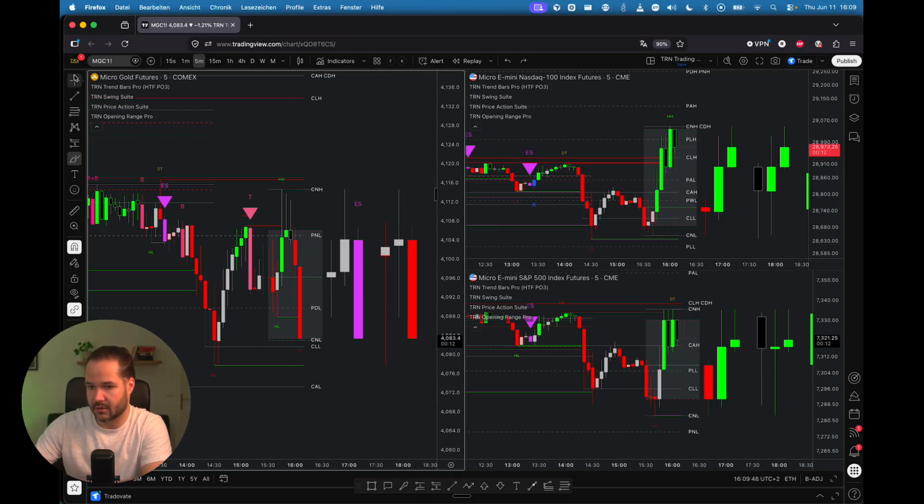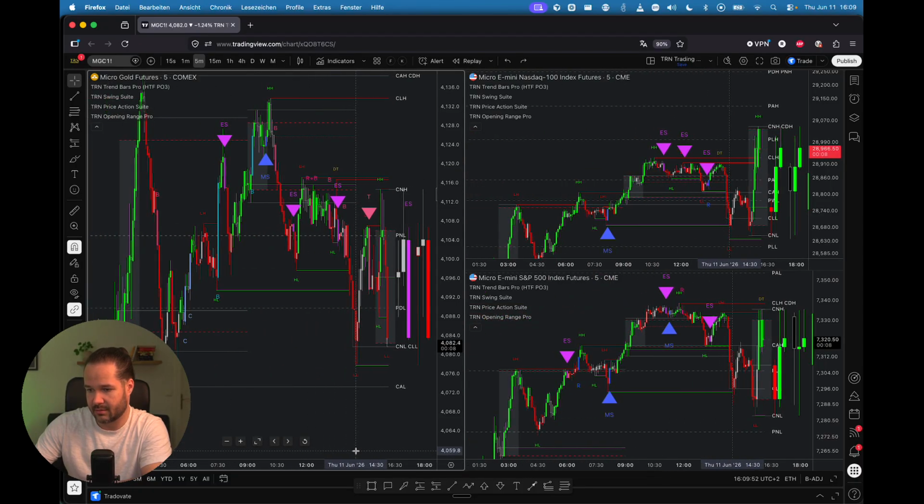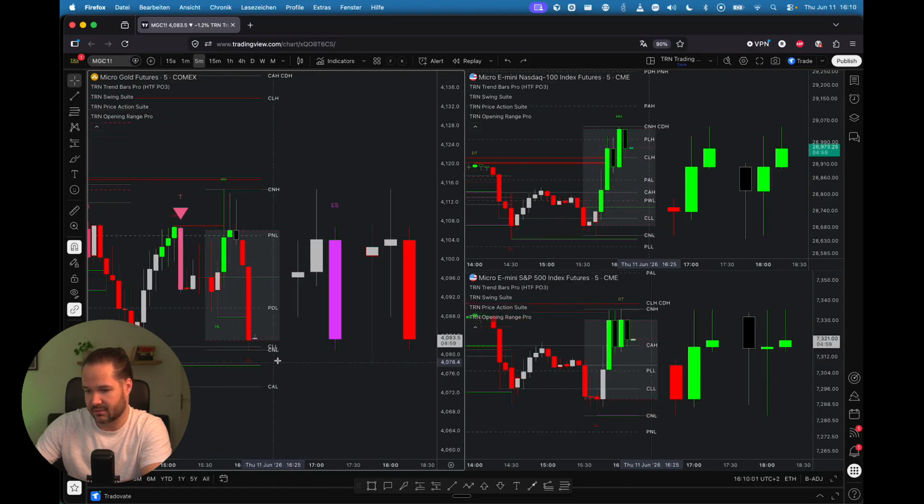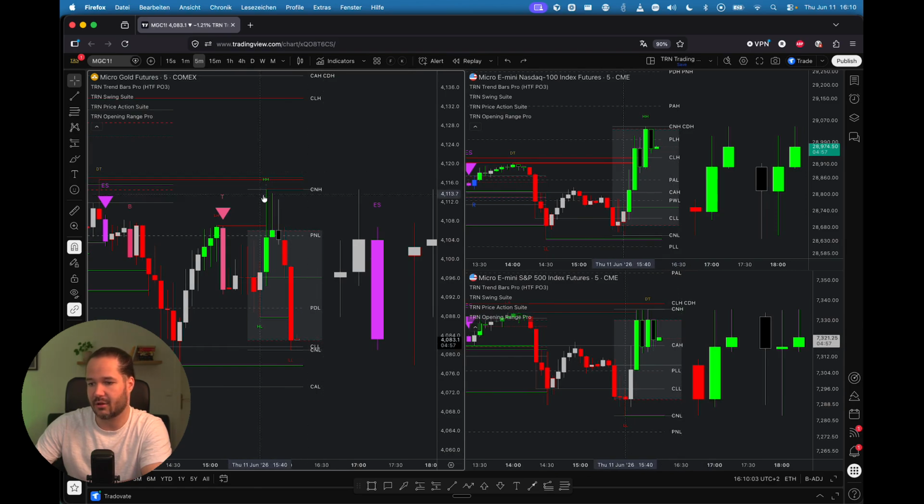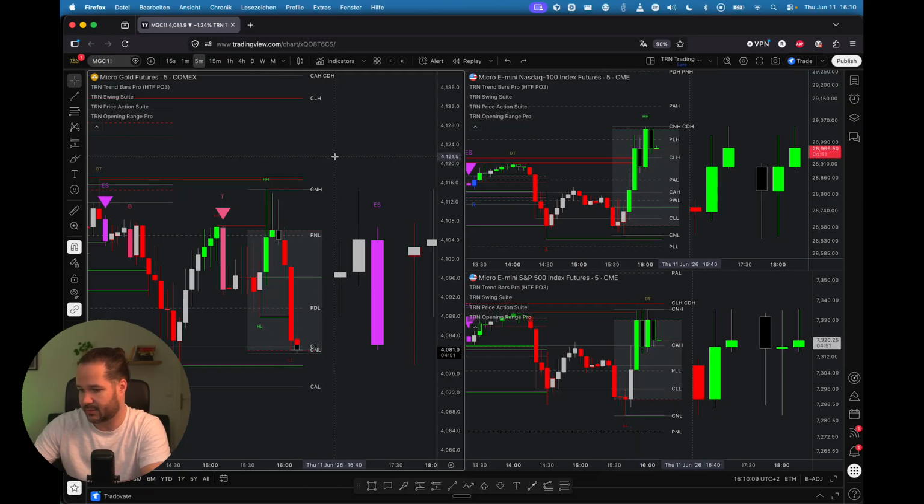I know it's not the strongest uptrend here on gold, but it's all very choppy. It's also not a crystal clean downtrend. So I would give it a try and then just target all these highs clustered around here, which are a very great level of liquidity.